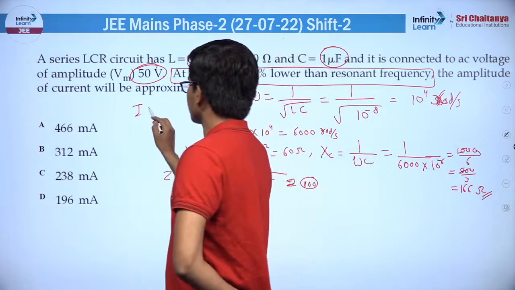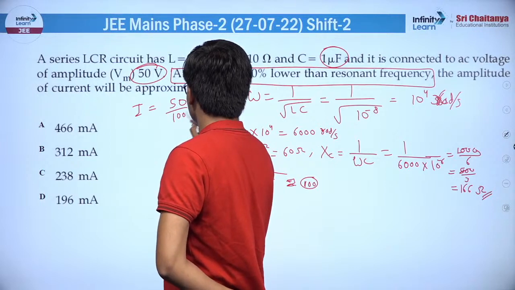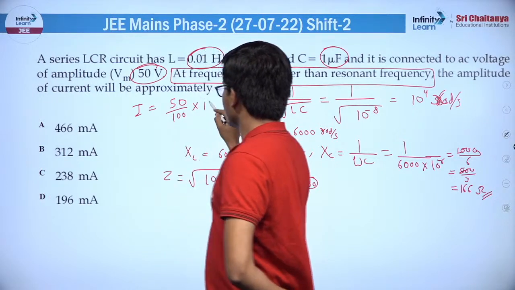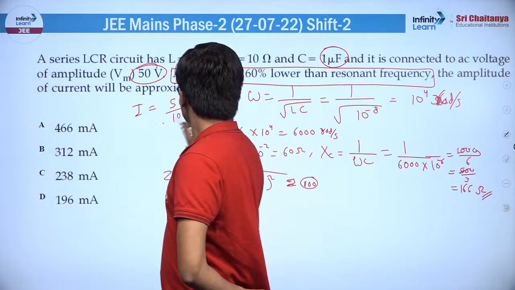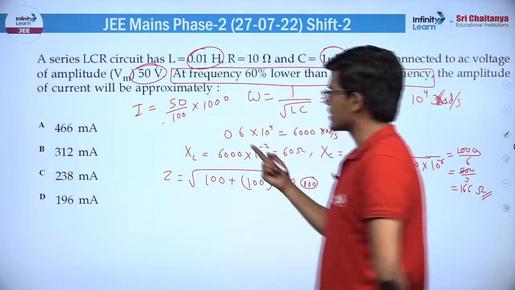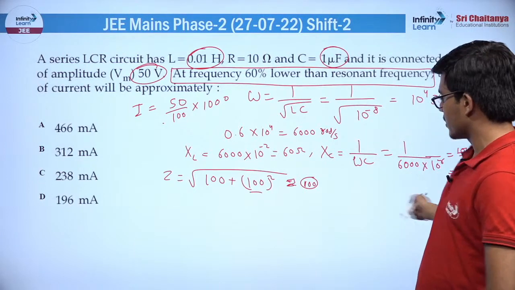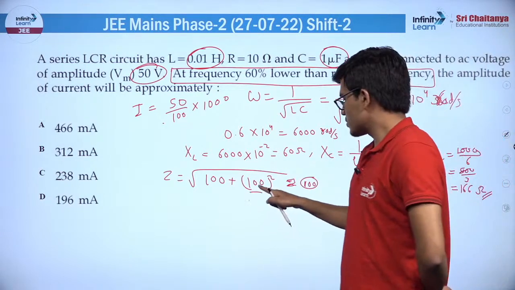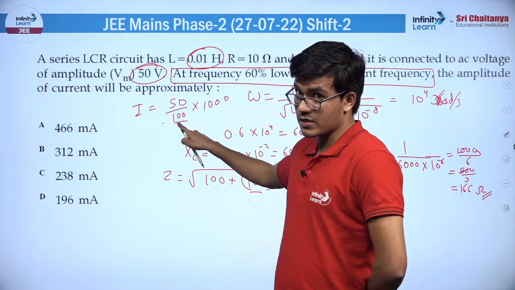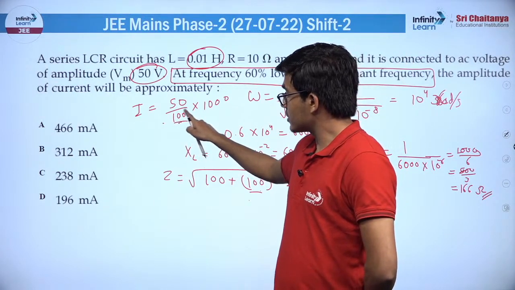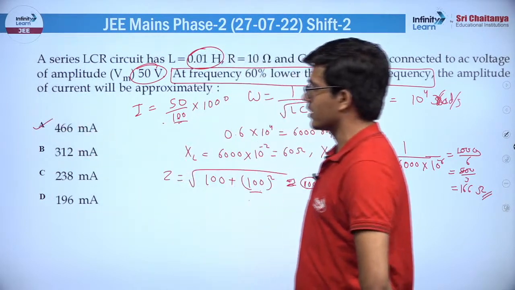So current value will be 50 divided by this, and you want it in milliampere. We are getting closer to the answer 500, because we have taken this as lower, so Z is lower, so my final answer has to be less than 500, so 466 milliampere should be there.